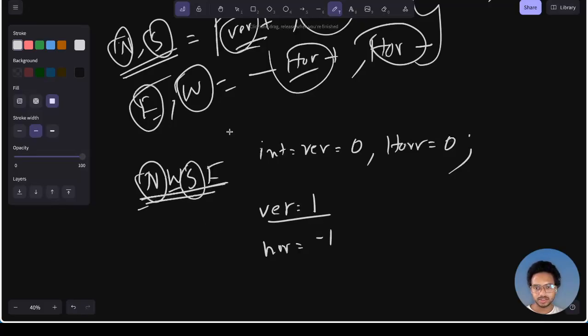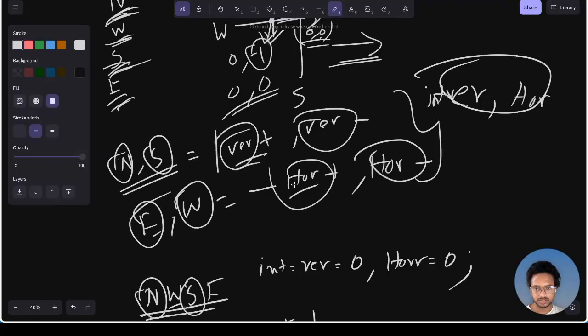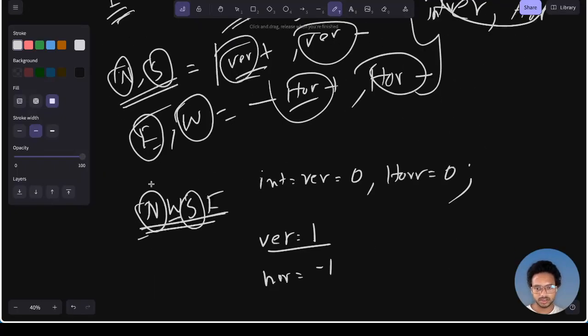For south, we are decreasing the value of vertical; the previous value of vertical was 1, so 1 minus 1 is equal to 0. Then if the value is east, we have to increase the value of horizontal, so we do plus 1: minus 1 plus 1 is 0.